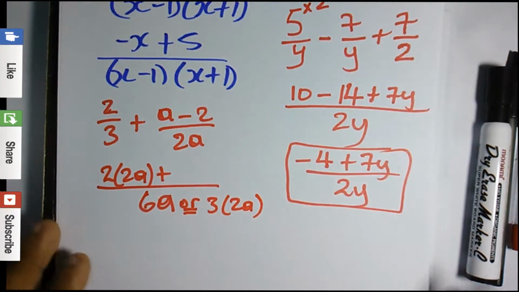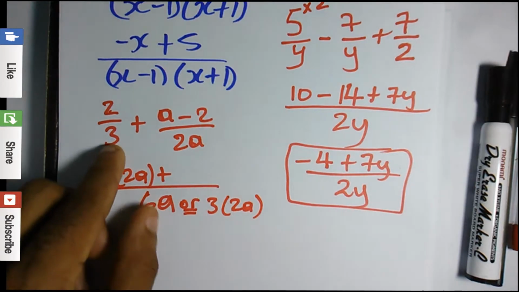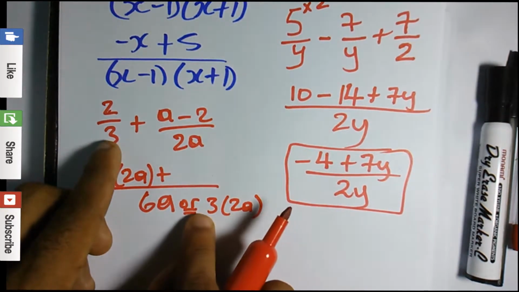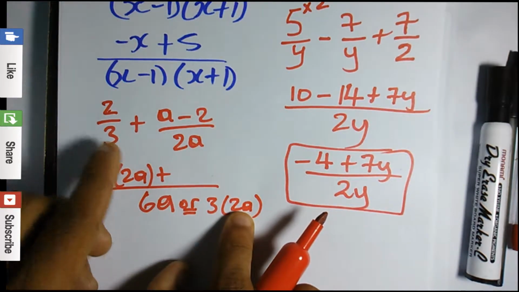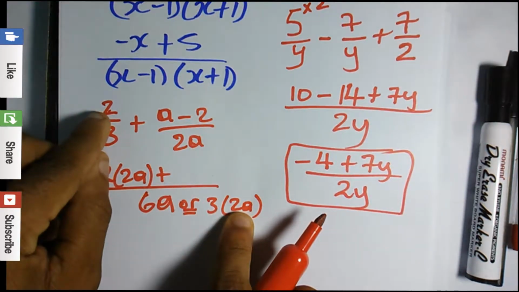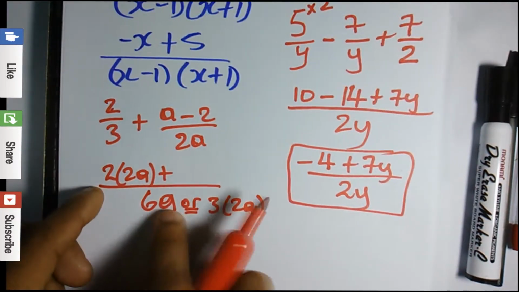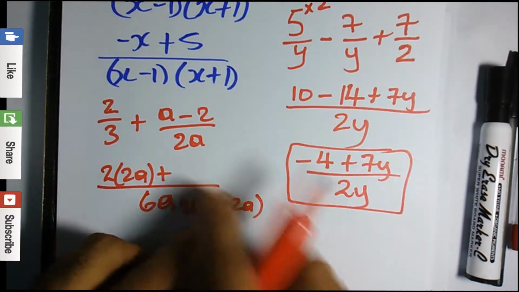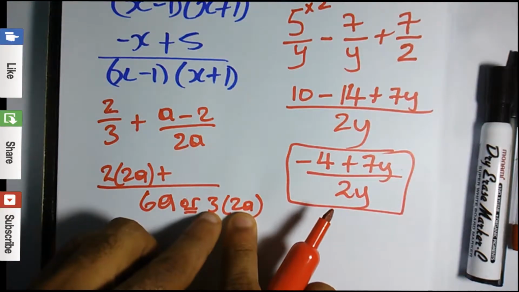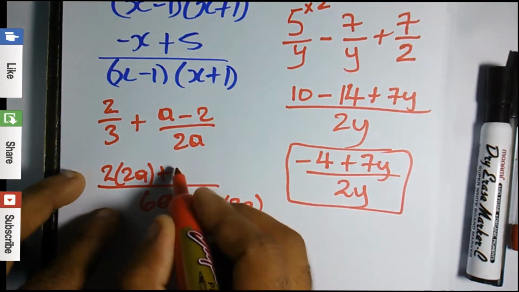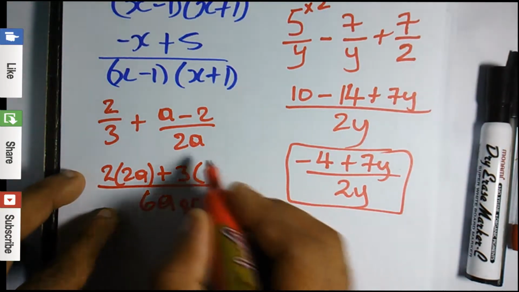So 3 into 6a, 3 cancels 3, leaves the 2a. So 2a times 2. And then 2a into 6a, the 2a is going to cancel 2a, leaves 3. So it's going to be 3 times the numerator. So it's 3 times a minus 2.